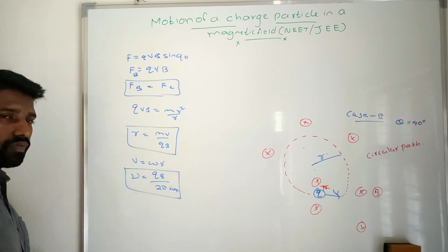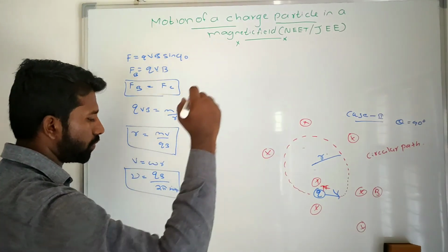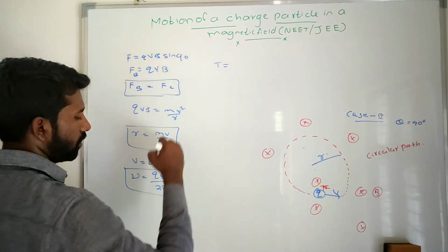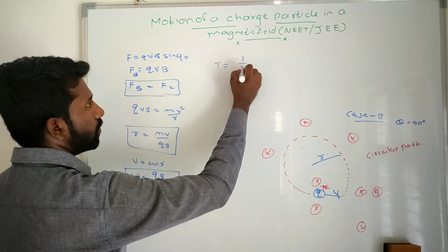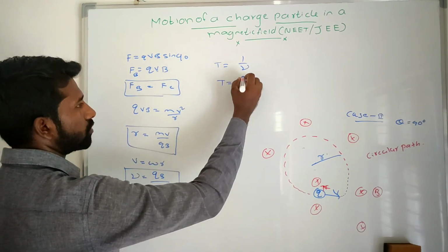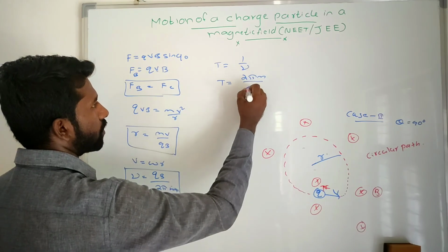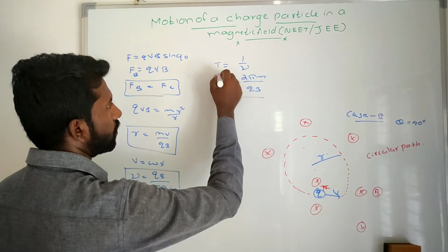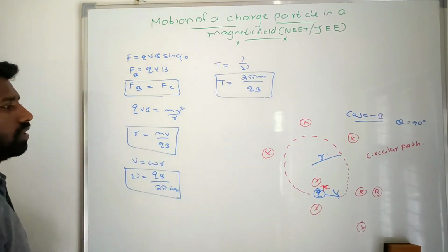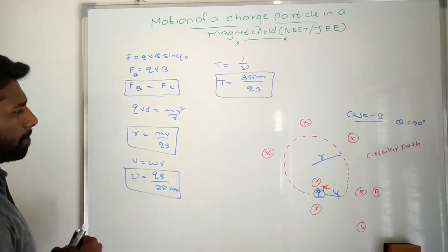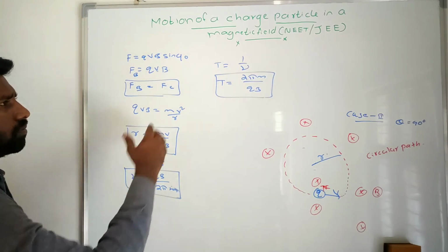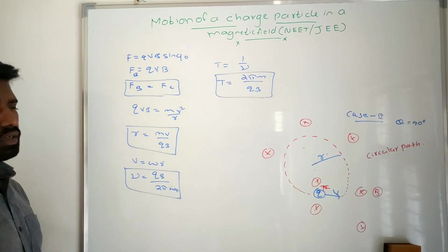Okay, what is meant by frequency? Number of revolutions per second. Then what is the time period? Time period is equal to 1 by frequency. So T is equal to 2 pi m divided by QB. Clear? 2 pi m by QB. This is the formula for the time period. This is the formula for the radius.